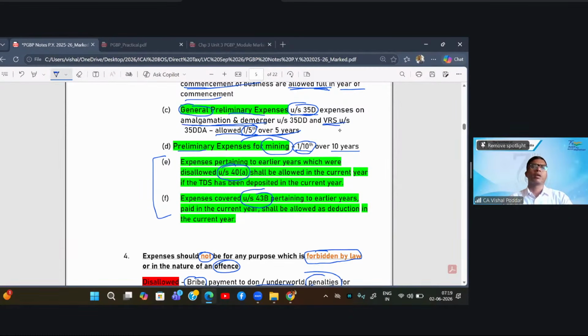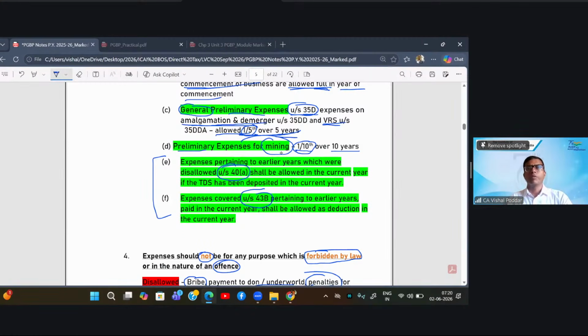And thirdly, if you are giving VRS to your employees, these three expenses are allowed over a period of 5 years. So again, it may happen that these expenses are 2 or 3 or 4 years old, but still you are claiming deduction now because of that 1/5 deduction condition.